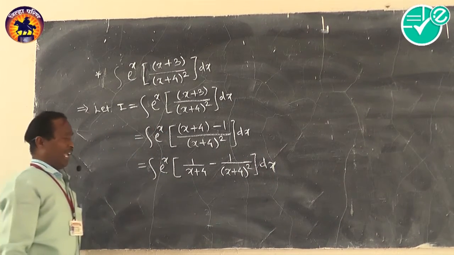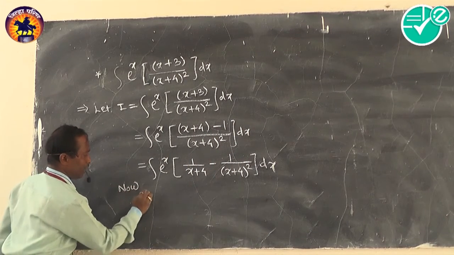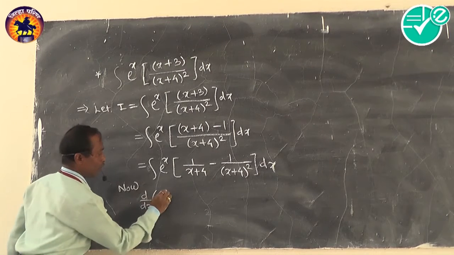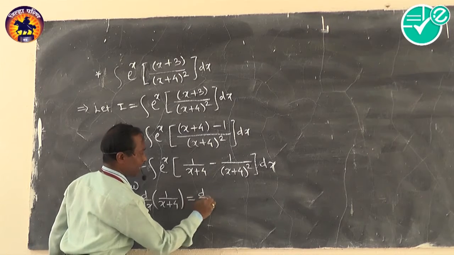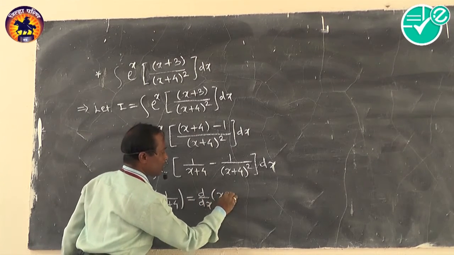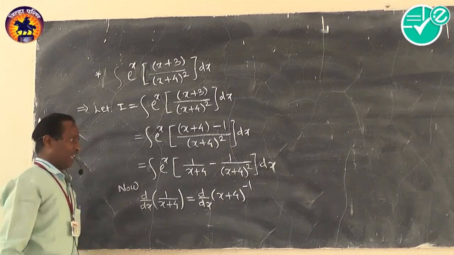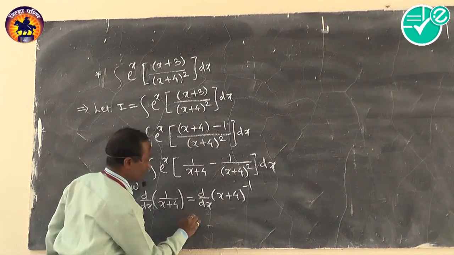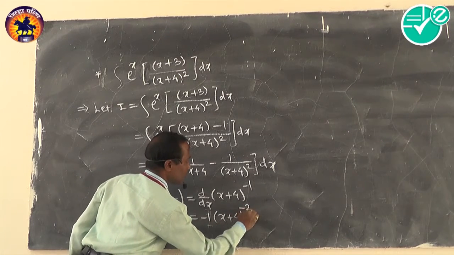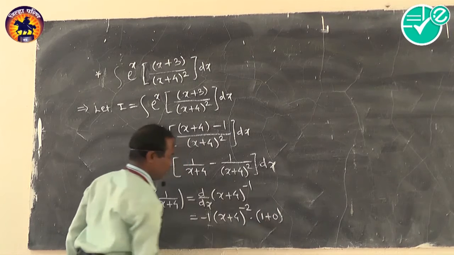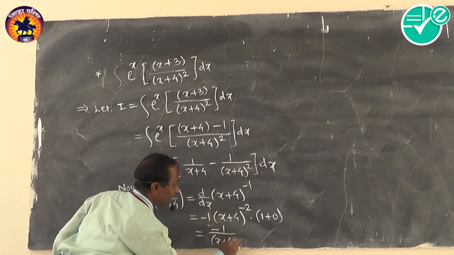Now we want to find d by dx of 1 upon x plus 4, that is d by dx of (x plus 4) raised to minus 1, and the derivative of x to the power n is n into x to the power n minus 1. We get minus 1 into (x plus 4) raised to minus 2 into (1 plus 0). So we get minus 1 upon (x plus 4) whole square.